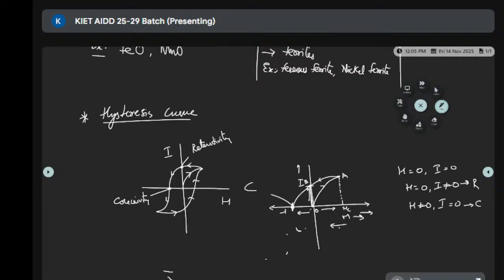But when I becomes 0, the negative H is there.